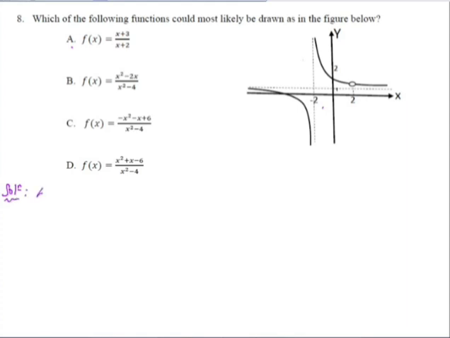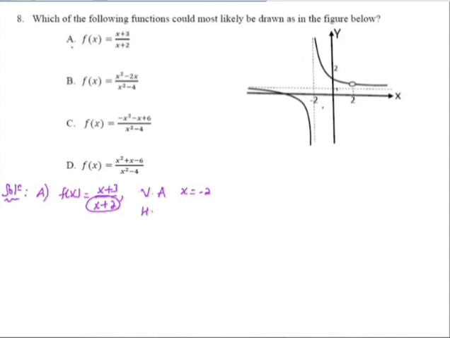For example, in A, the function f of x equals x plus 3 over x plus 2 has a vertical asymptote. The vertical asymptote for this function is x equals minus 2, or you can set the denominator to 0.